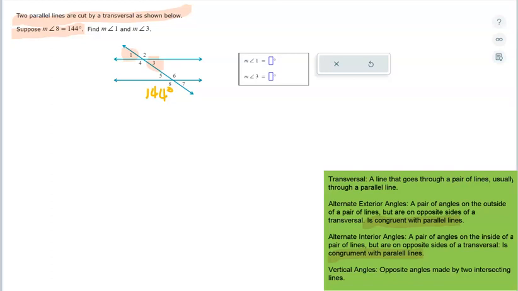So, knowing that this is a line right here, I know that all lines have a total angle measure of 180.